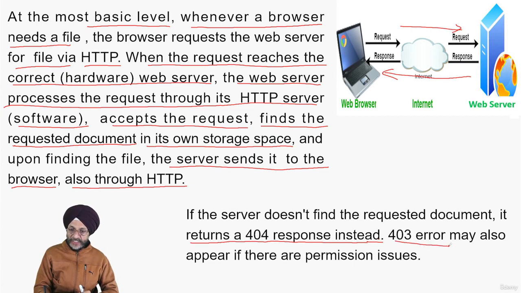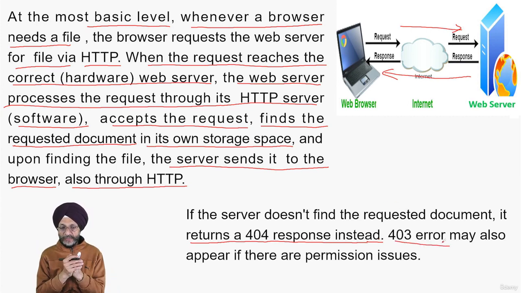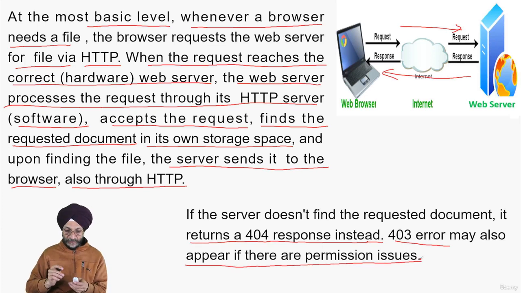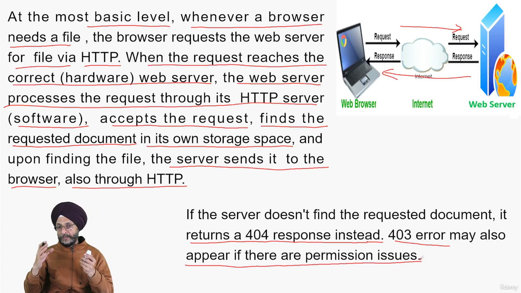Sometimes a 403 error may appear on your screen when you make a request for a particular file. It relates to permission issues. That is, the file which we have requested is not permissible to us. We do not have the authority to access that file.